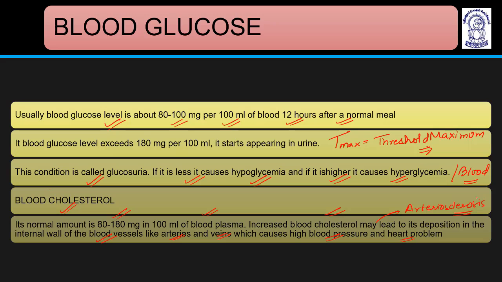So the normal blood sugar level is 80 to 100 per deciliter, blood cholesterol 80 to 180 per deciliter. Increased blood cholesterol can raise bile salts and bile pigments.